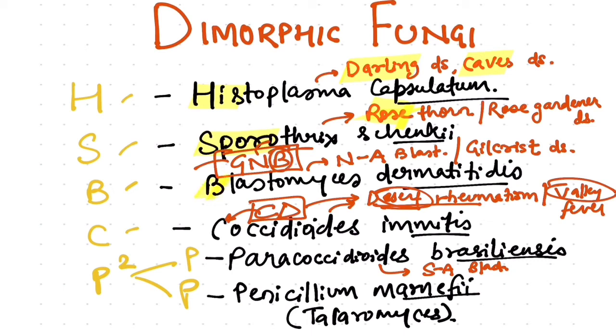B is for Blastomyces, N is for North American blastomycosis and G is for Gilchrist disease. So G and B: Gilchrist, North American and blastomycosis. Right. So now Blastomyces is the North American. So what is left? Paracoccidioides. Paracoccidioidomycosis is known as South American blastomycosis.